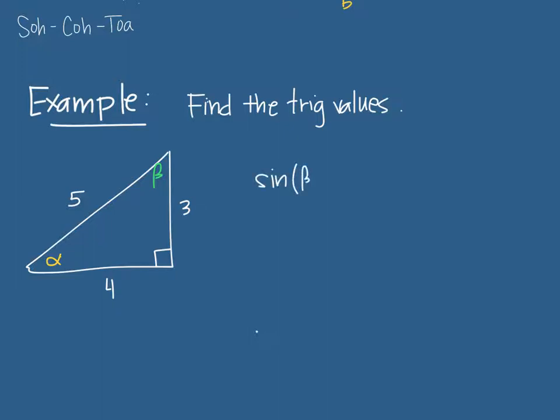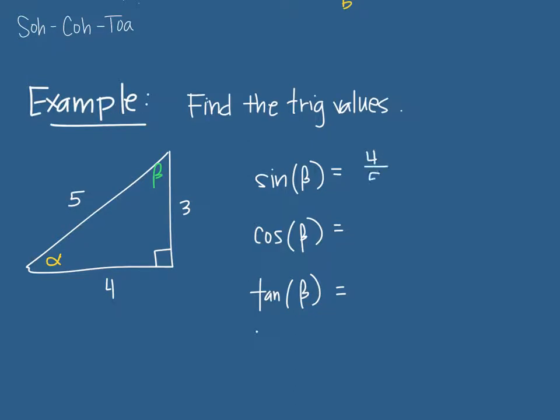All right, sine beta, cos beta, tan beta. Sarah, can you give me sine beta? Put yourself in the beta corner, and then think about what the acronym is for sine, and what would be opposite for that. It would be 4 over 5. Very good.